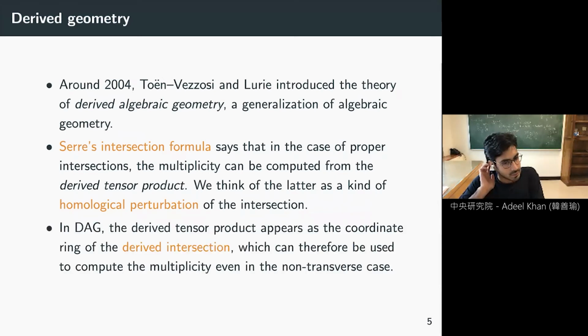The point is that in derived algebraic geometry, that derived tensor product actually appears very naturally as the coordinate ring of the derived intersection. So if we replace the classical intersection by the derived intersection, we can always compute the correct multiplicity, even in the non-transverse case.